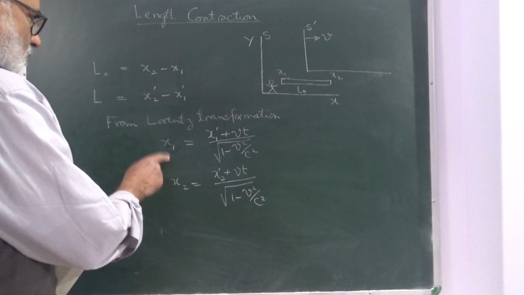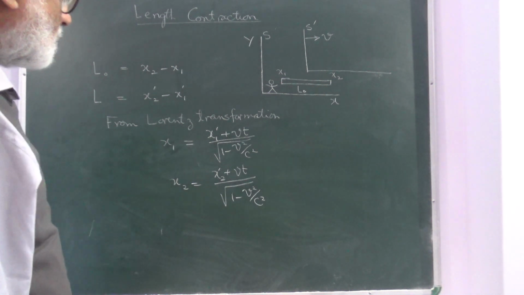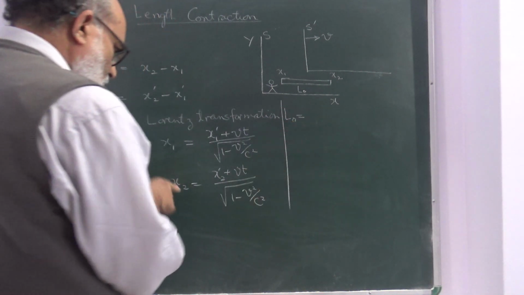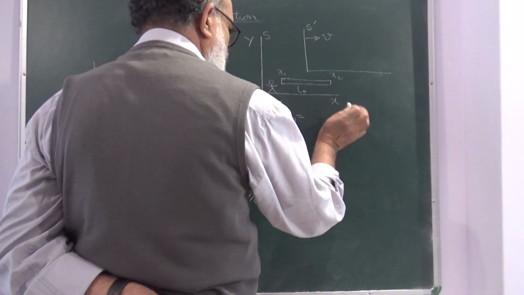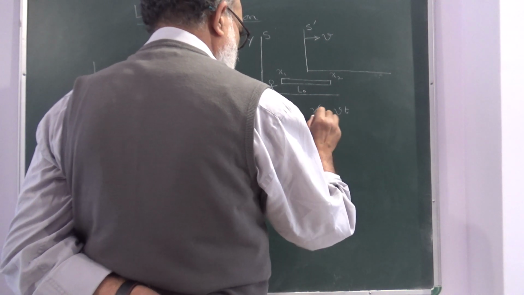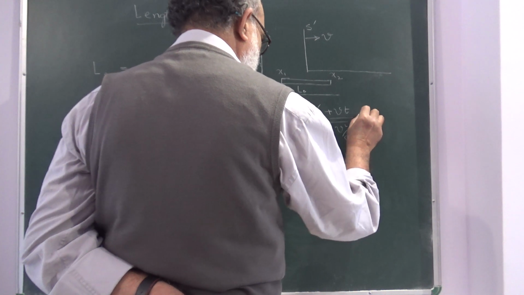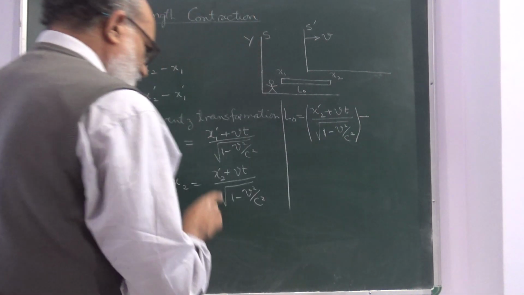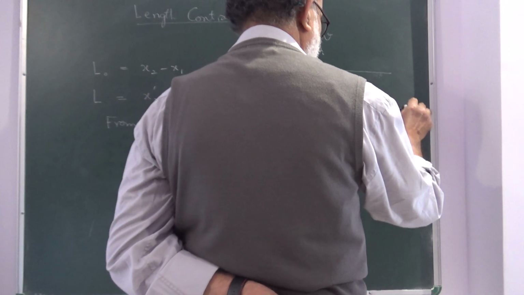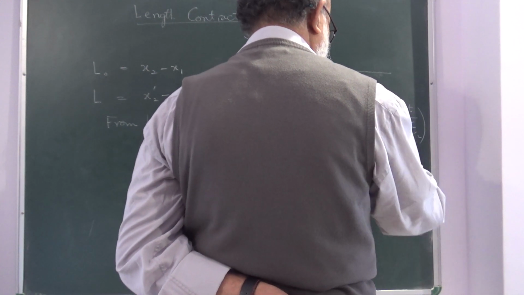Now if we substitute these values here, L naught is x2 minus x1, so this is (x2 dash plus vt dash) over the square root of 1 minus v square by c square minus (x1 dash plus vt dash) over the square root of 1 minus v square by c square.